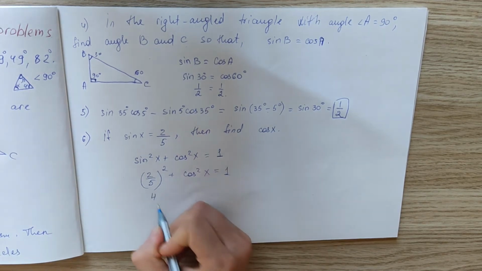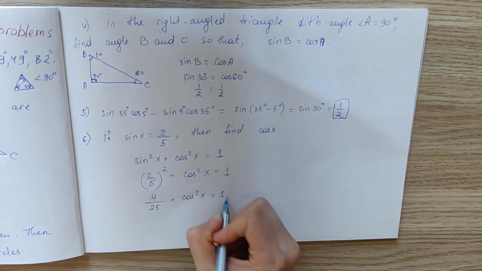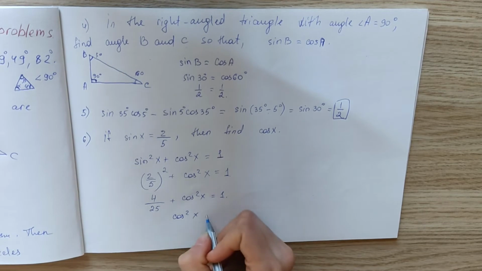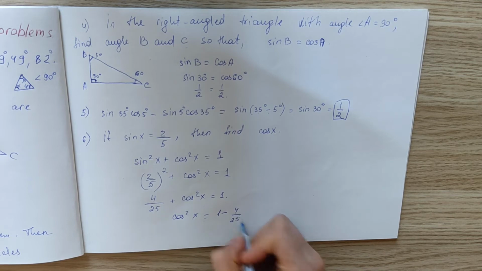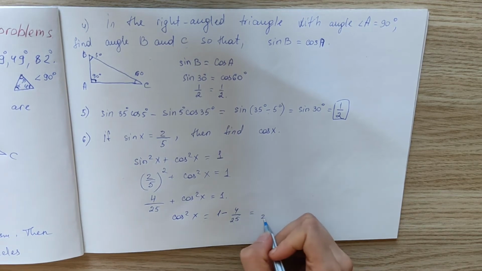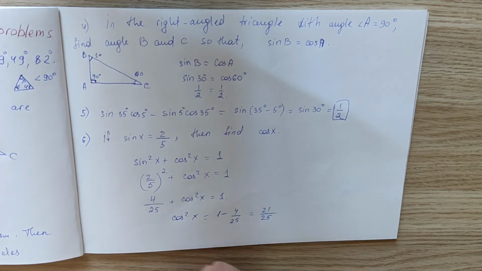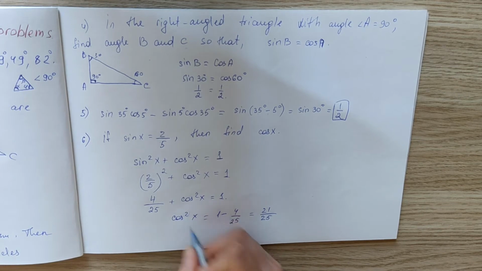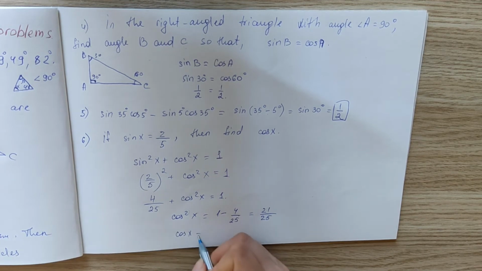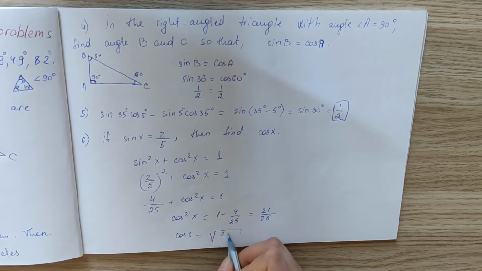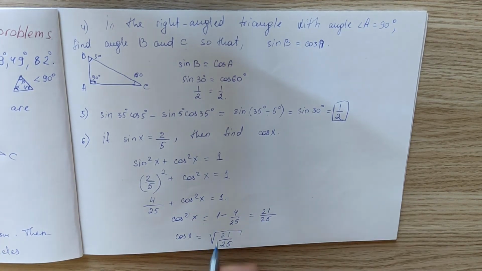Here we get that 4 over 25 plus cosine square x equal to 1. Here cosine square x is equal to 1 minus 4 over 25, and we get that our result is 21 over 25. Cosine square is 21 over 25. What about cosine x? Cosine x is the square root of 21 over 25. So this is our result.